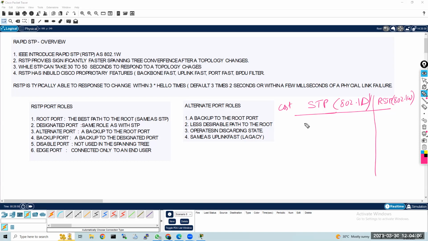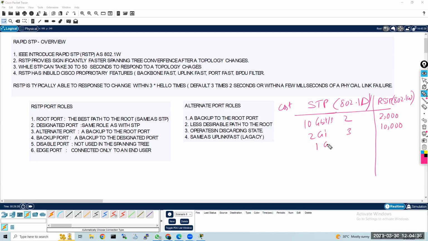If it is 10 gigabits per second, the cost is 2 here. In RSTP, the cost is 2000. I'm not going to write all; a few I will write. If it is 10 gig, the cost is 3, and here it is 10,000.